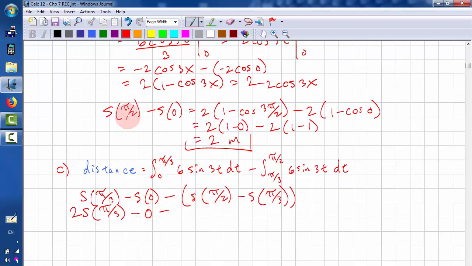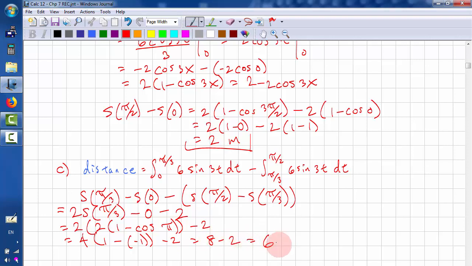And minus s of pi over 2, that's 2. So we just have to calculate this. So this is 2 times 2 times 1 minus cos of 3 times pi over 3, that's just pi, and a minus 2. So this is 4 times 1 minus cos of pi, that's negative 1, minus 2. So this is 8 minus 2, and that's 6 meters.